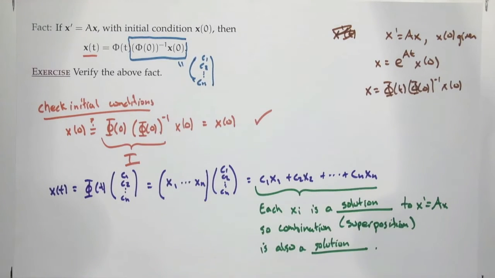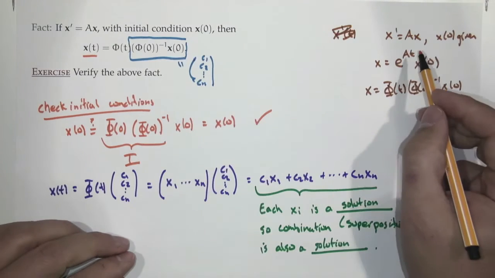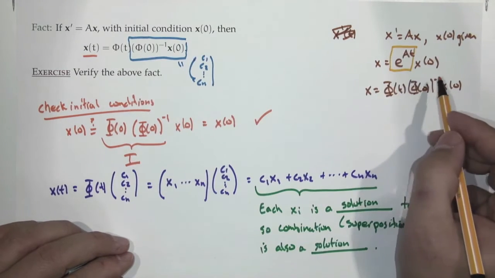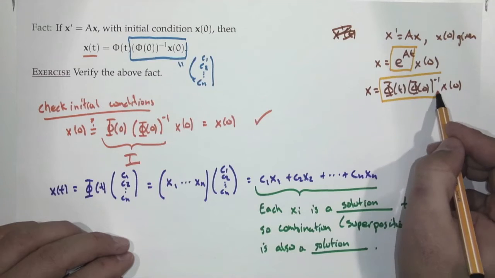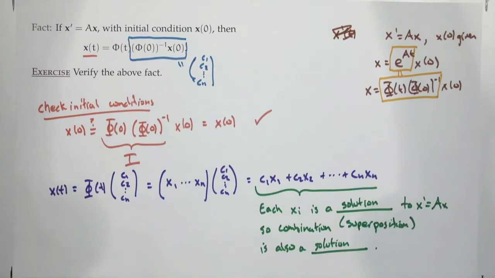So essentially, one of our takeaways for today is that e to the At is this phi of t, phi of 0 inverse. Now that's not the only way to go about computing it, but that's one of the ways that we'll think about it to begin. All right. Well, we should do an example.